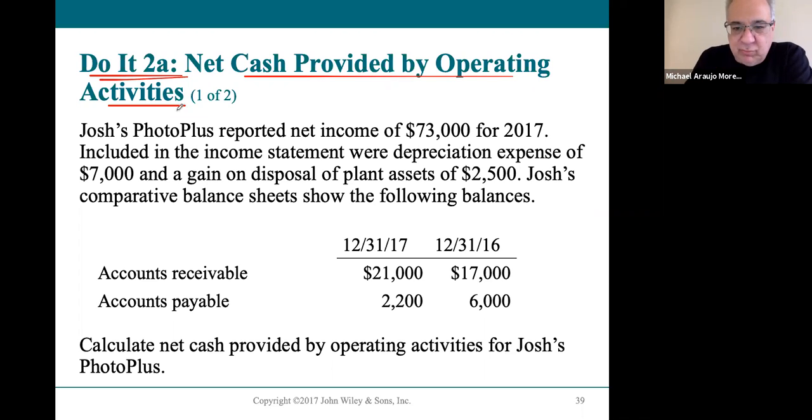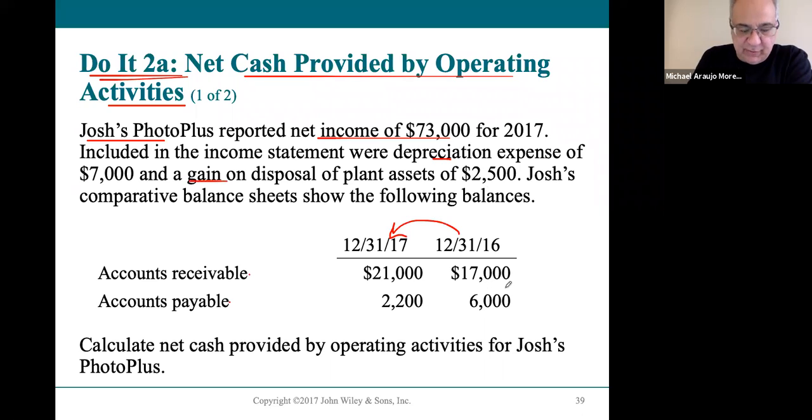So just remember that. Josh's Photo Plus reported a net income of $73,000. Included were depreciation expense of $7,000 and a gain of $2,500. Josh's comparative balance sheets show differences in receivables and payables from 2016 to 2017.